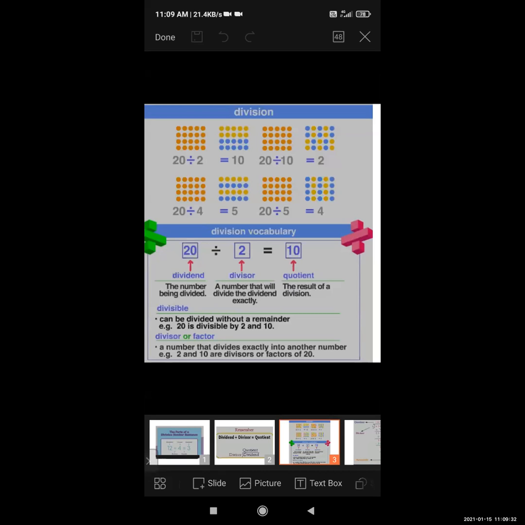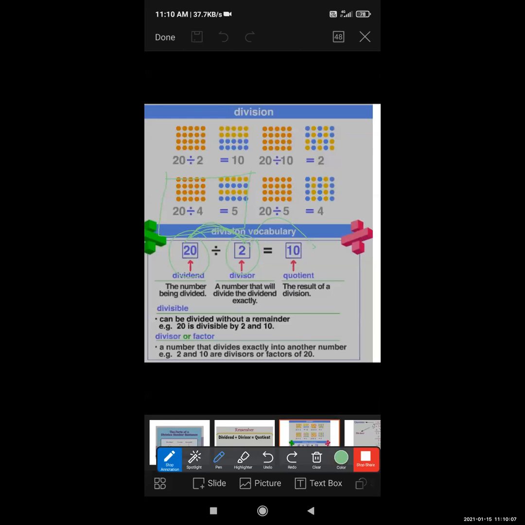Now go to the next sum: 20 divided by 4. In the table of 4, 20 is on which number? Yes, on number 5. So 4 into 5 is 20. When you do division, multiplication automatically comes in. 4 into 5 is equal to 20.